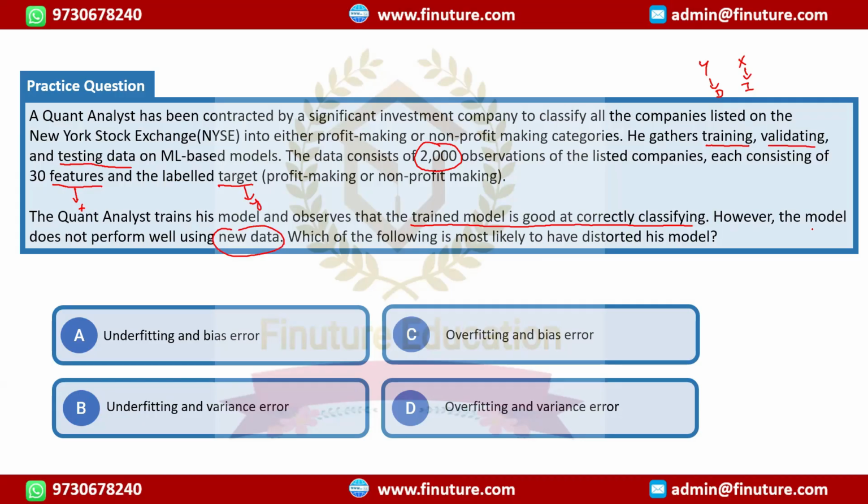Which of the following is most likely to have a distorted model? You need to identify this problem wherein the model works very well on the trained data, but poorly on the tested data, that is the new data. We are given this information and four options to identify which problem this is.